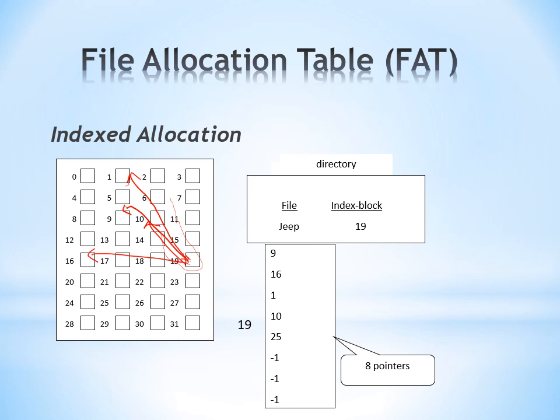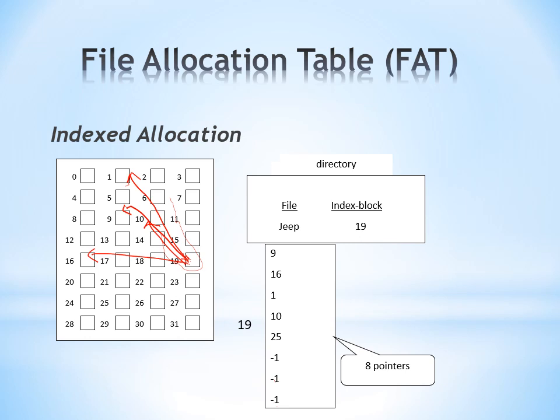And how about the negative one here? The negative one shows nil. Nil means the end, not available. So from block 19 it goes to block 9, then they go to block 16.